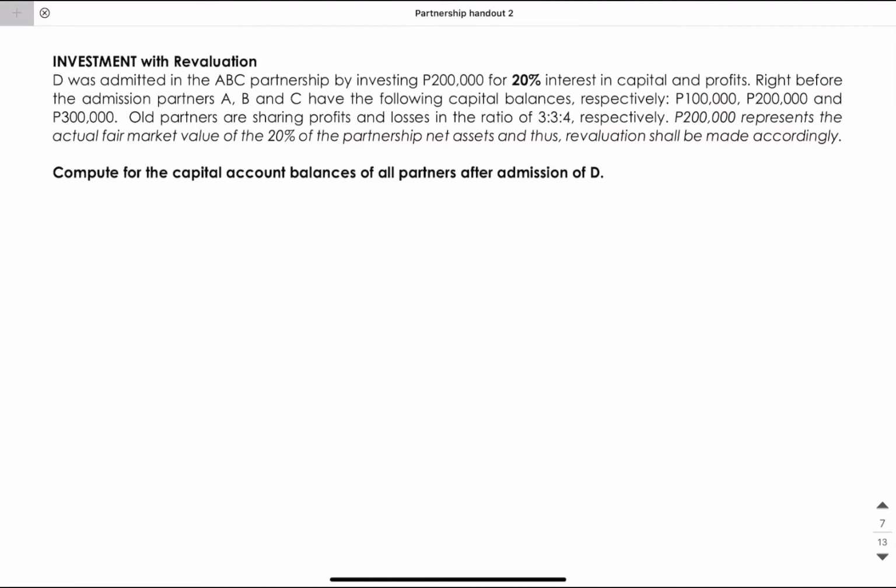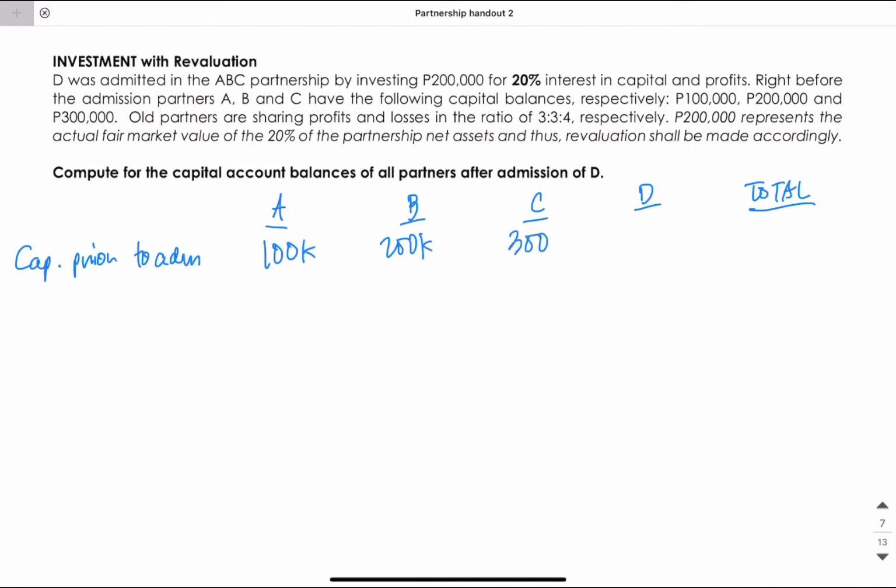Okay, so again, let's determine the partners' capital balances prior to admission of D. So capital prior to admission, 100,000, 200,000, and 300,000. So here, the total of course is 600,000. Partner D invested 200,000 pesos.